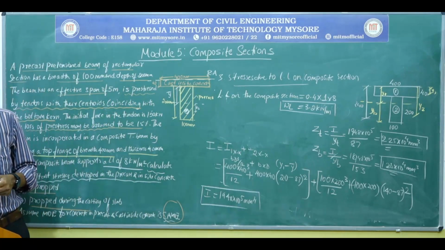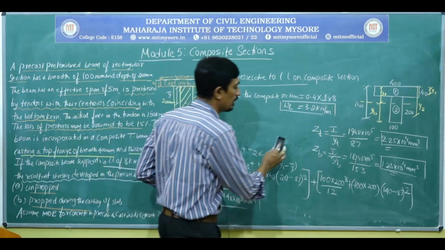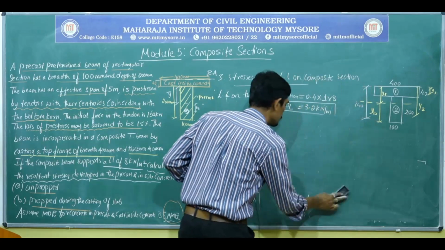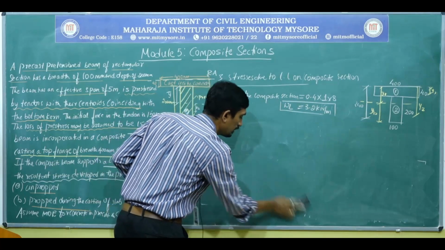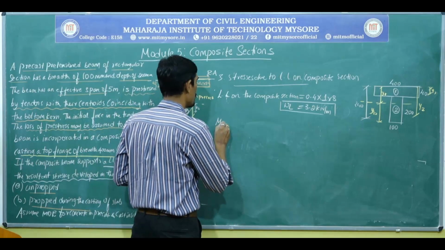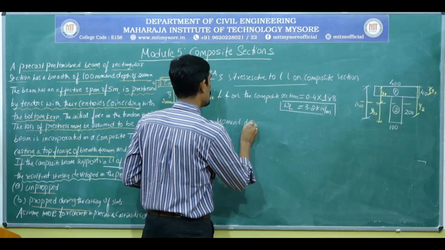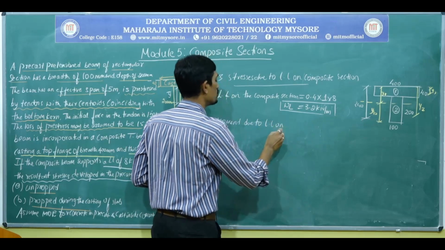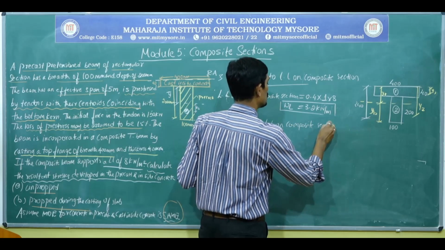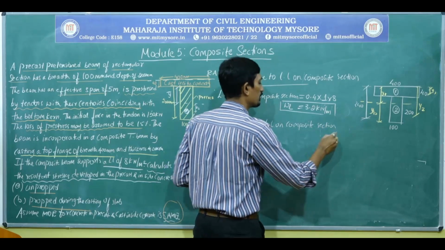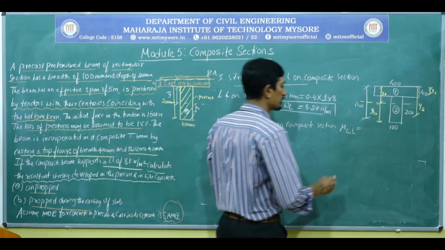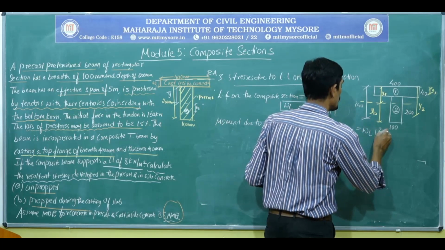Next, after calculating WL, let me move on to the moment. Now moment due to live load on the composite section, that is MLL is equal to WL into L square by 8.